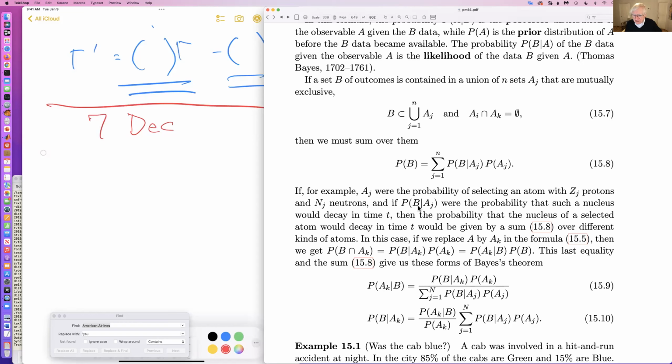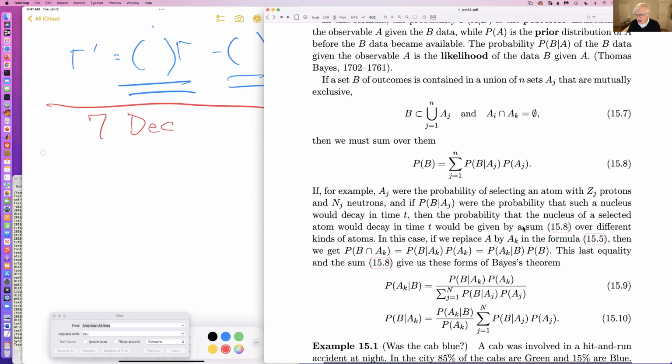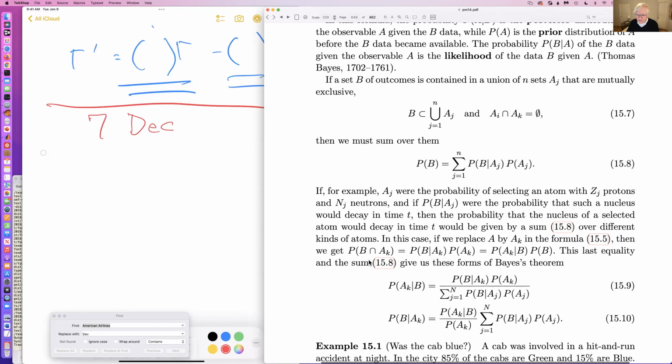If the probability of B given Aj is the probability that such a nucleus would decay in time t, then the probability that the nucleus of a selected atom will decay in time t would be given by a sum like this over different kinds of atoms.